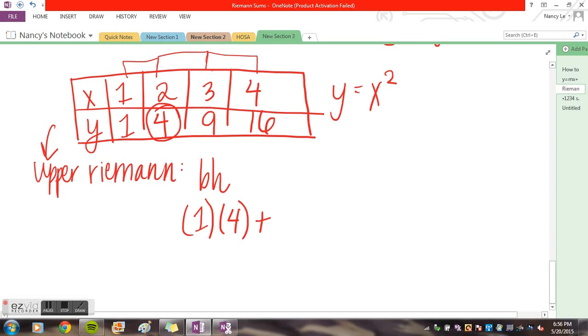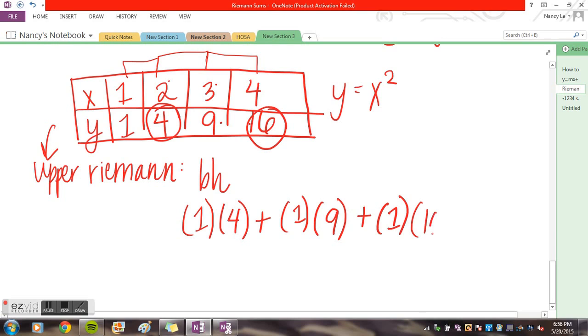So that's 4, plus the width from 2 to 3 is 1, plus 9, because that's the highest out of 4 and 9, plus 1, and then the highest out of 9 and 16 is 16. So once we add that, we get 4 plus 9 plus 16, that gives you 13, and then you get 29 as your upper Riemann.